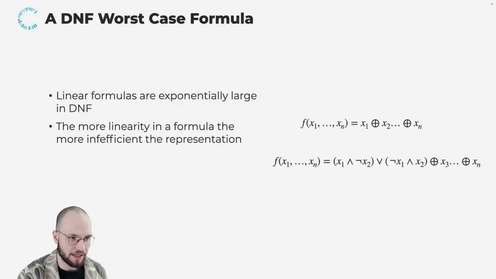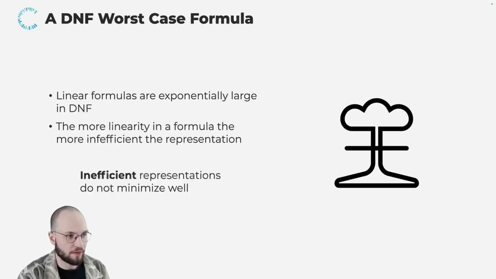If you imagine that x1 and x2 would both be another term that contains XORs, then this gets really, really ugly really quick. So it doesn't minimize well because the basic representation is already insanely large.